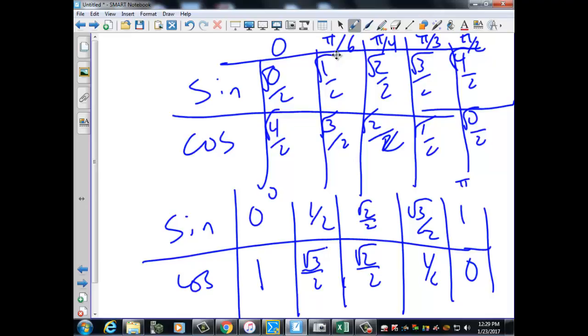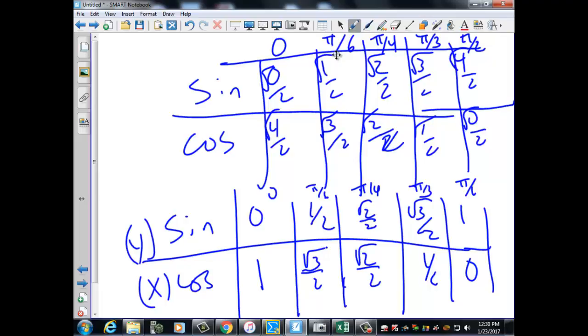This is 0, pi over 2, pi over 3, pi over 4, and pi over 6. Now, it's extremely important to remember that this is only the first quadrant. To apply it to the problems that we did, we got to know which quadrant we're in so that we can adjust the signs accordingly. So cosine is the x values, sine is the y values, and then from there we will adjust them.